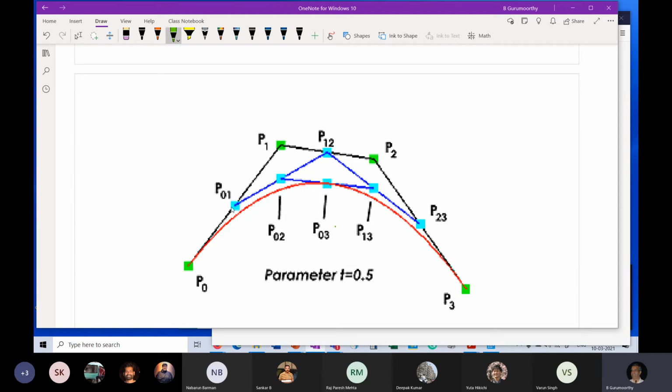So first pair, second pair, and third pair, you get these 3 points, P01, P12, and P23. These 3 points have 2 pairs of lines. You do 2 more interpolants. They form 1 line. You get 1 main point. It turns out that that point lies on the Bezier curve for the value of the parameter that you had chosen.